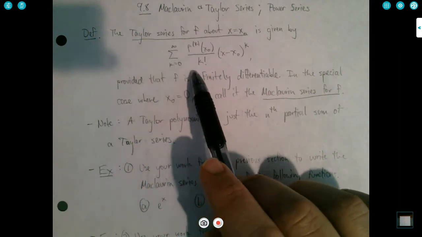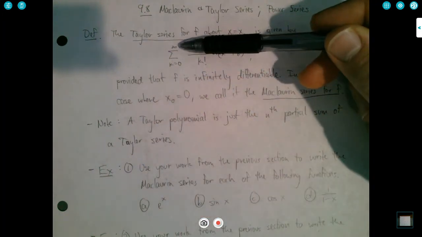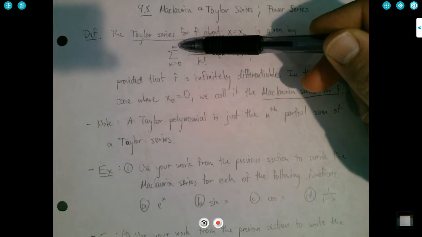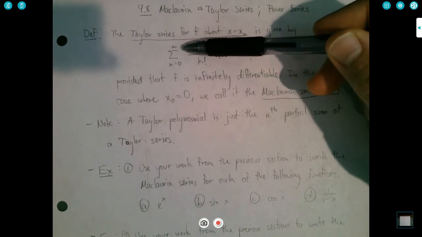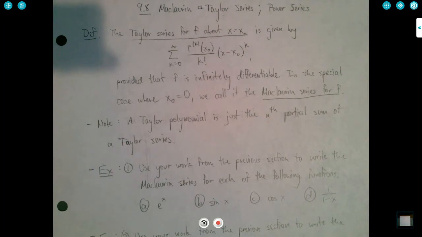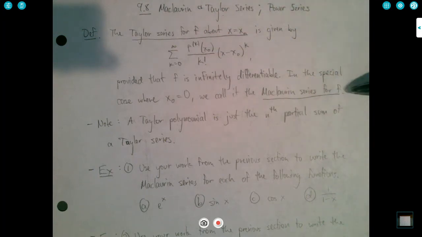And you'll notice that it's only different from the Taylor polynomial in that our upper limit of summation is infinity instead of n, right? So a Taylor polynomial would end at some finite value n, whereas a Taylor series goes on and on and on forever. The Maclaurin series is similar.